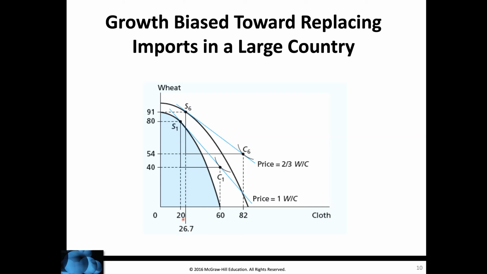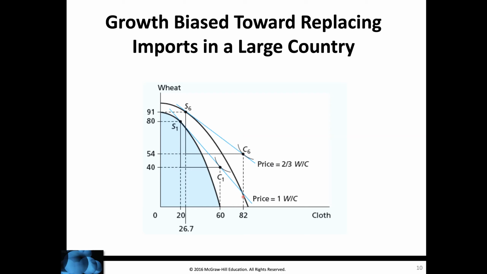How does this affect our consumption? You can see consumption lies right here at C1 before the shift. So we're consuming 40 in wheat locally and 60 in cloth. After the shift, the consumption is now at C6, where we have 54 of wheat being consumed and 82 of cloth being consumed.